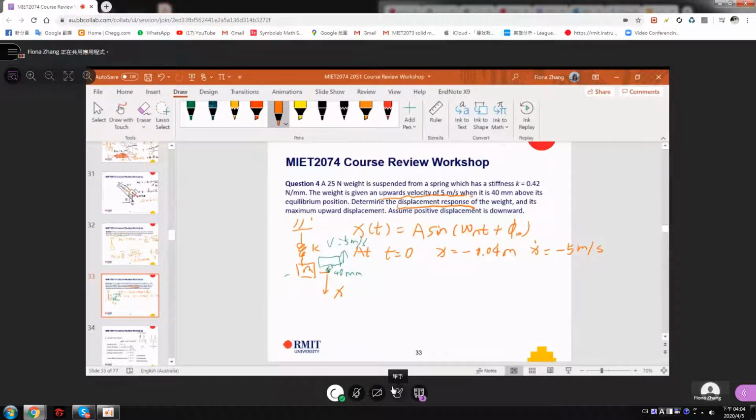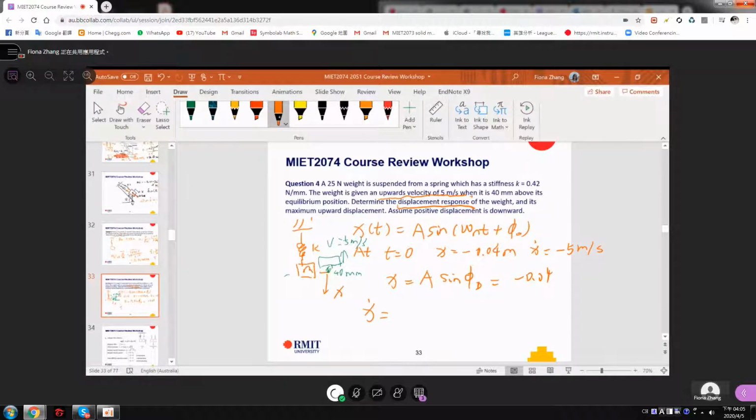Right, so you have this expression here. Then you substitute: when t equals 0, how much is x? A sin phi 0 is negative 0.04. For x dot, you take the first derivative with respect to time.